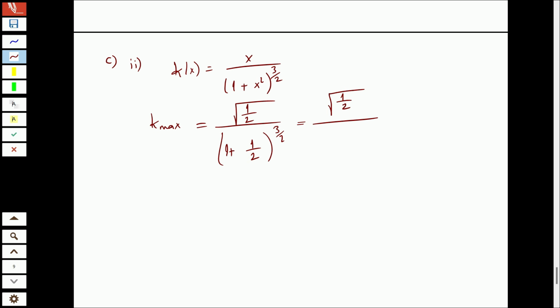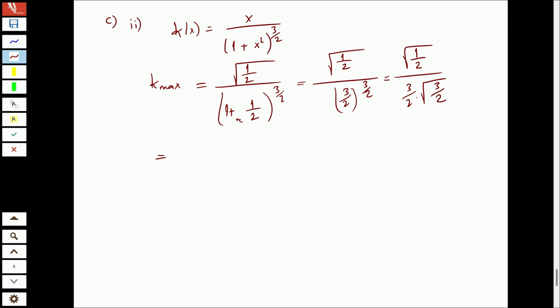So square root of 1 over 2 divided by 3 over 2 to the power of 3 over 2, meaning 3 over 2 times square root of 3 over 2. If you multiply this expression with the reciprocal of the denominator, it will look like this, and we can cancel the square root of 2, giving 2 divided by 3 times square root of 3.